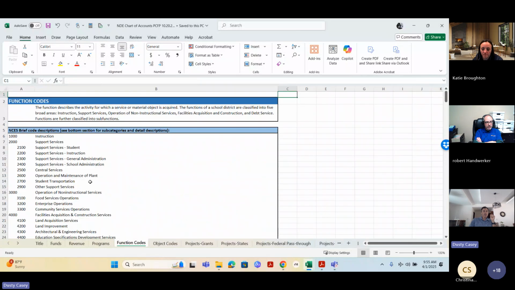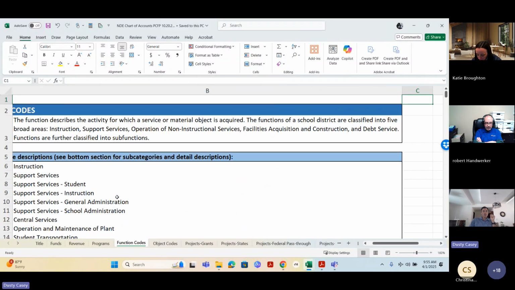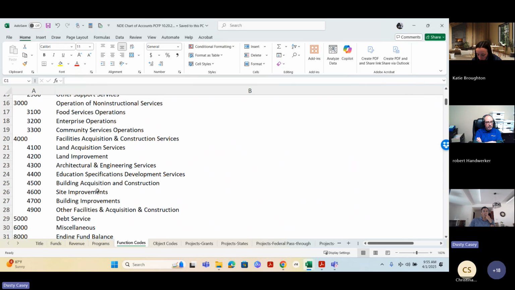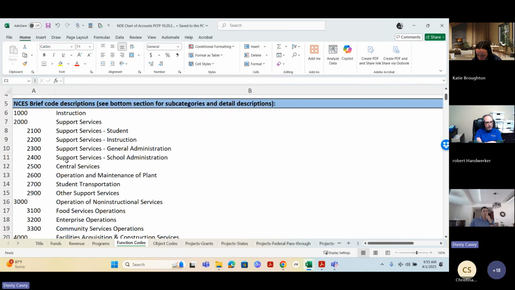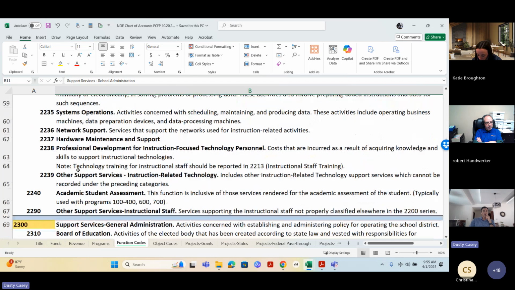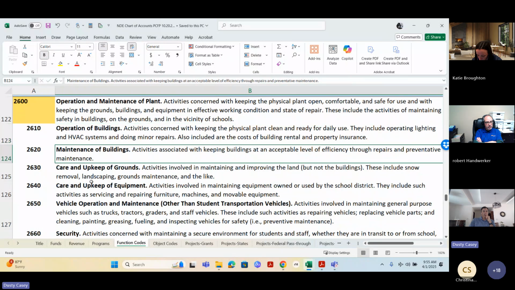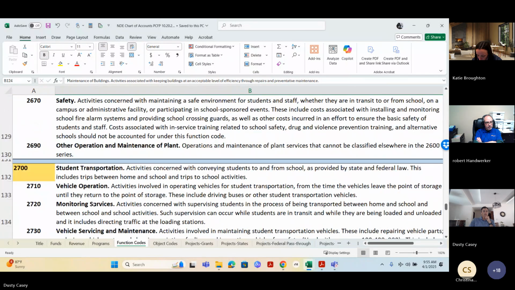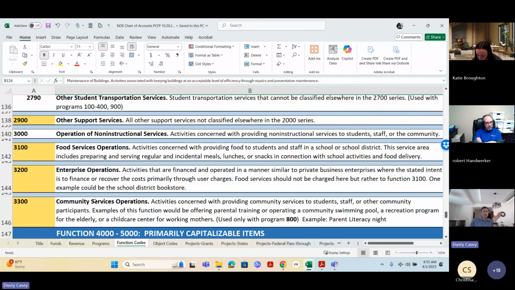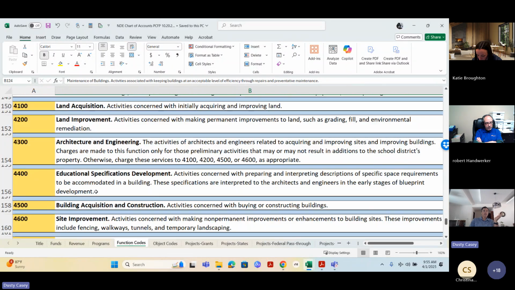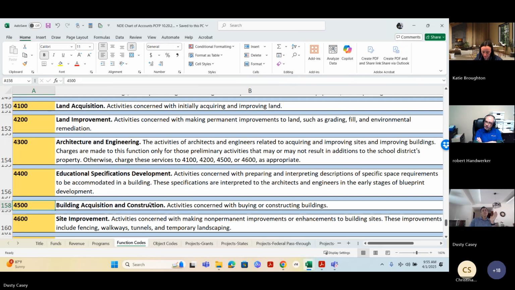And then in your function codes, of course, if you are leasing a building, that would go down in those building codes, maintenance of buildings, and that would go down to the appropriate function code for those. And then, of course, if you're buying something, then that goes in those same acquisition codes. But again, let's revisit that after we go to the debt tab, because I think it might be more clear when you see that specific tab.